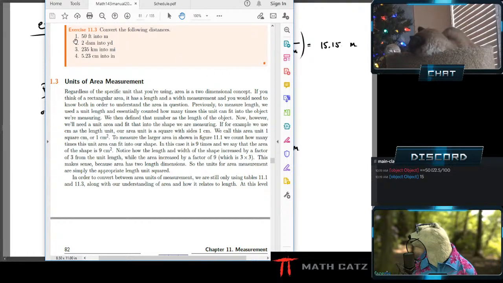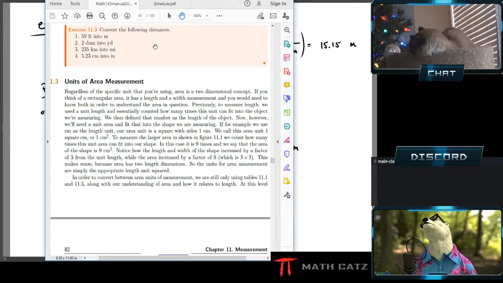I would like you to try number 2, 3, and 4 before tomorrow's session. Then we will start with number 2, move into area, and then you can confirm where you are. Are you on track? Do you get how we do these things? Or are you missing something, and then we can help with that. So try number 2, 3, and 4. Since we're out of time today, it works out well, I think. We have more than enough time tomorrow.